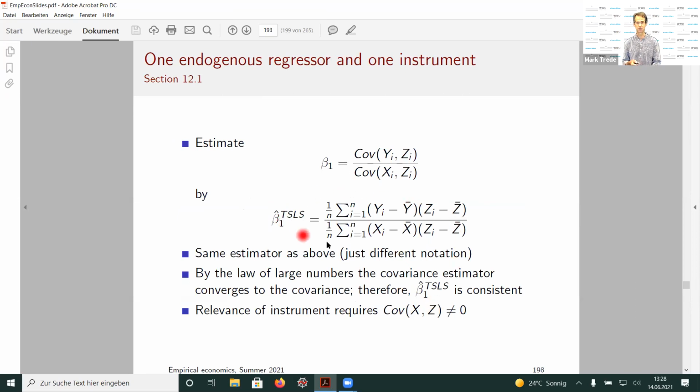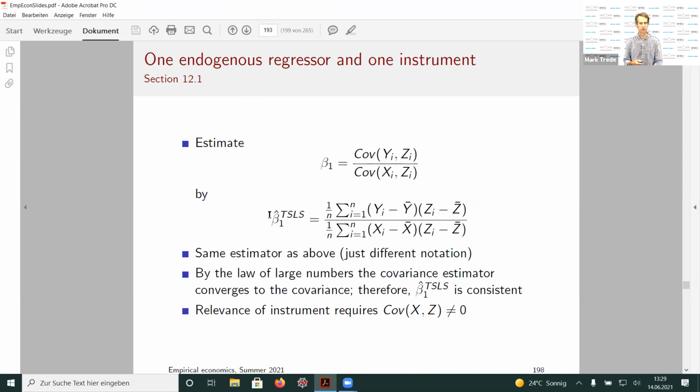So this is just a different way to write that down in this particular setting. When we go over to the multiple linear regression model with more than one instrument, then they are no longer equivalent. But here, where we look at a single regressor and a single instrument, these two are just different ways to write down the same estimator, just in different notation.